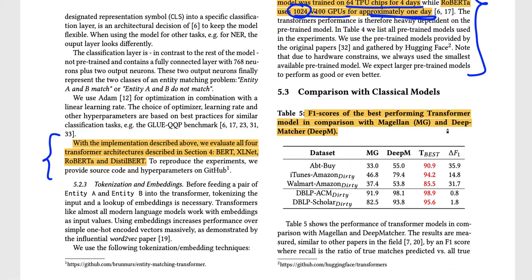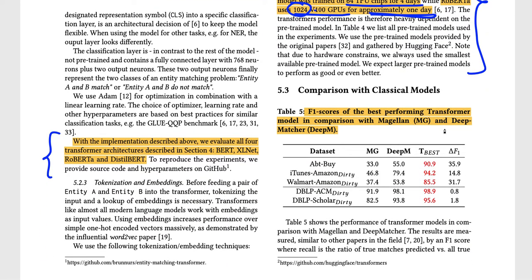We'll talk about the fine-tuning effort shortly, but before that, let's see the results as compared to Magellan and DeepMatcher. This is the best transformer model output, and this is the delta in the F1 score.